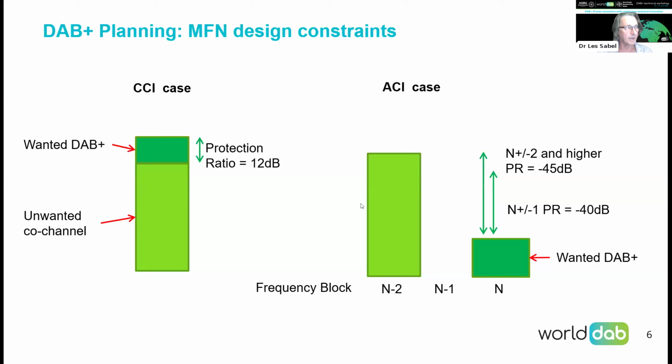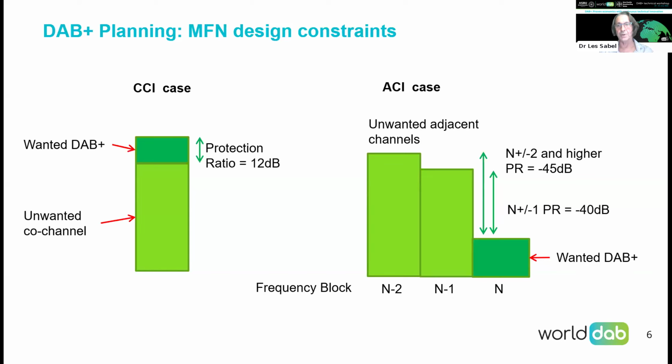For the ACI case, what we see is that the wanted signal is in the dark green, and in this case the adjacent signal can actually be higher than the wanted signal. And that's because it's protected by frequency masks in the receiver. The N plus and minus 1 protection ratio is minus 40 dB, so it's 40 dB above the wanted signal.